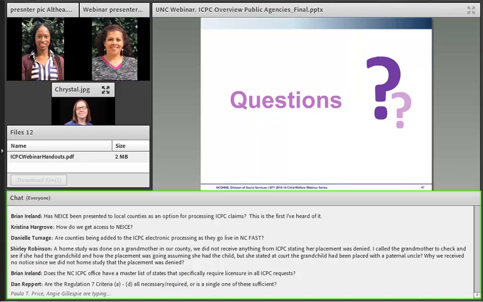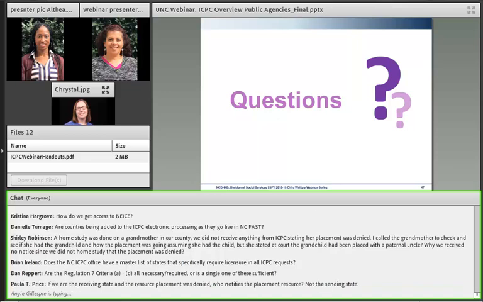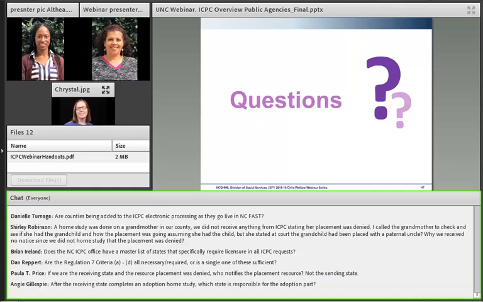So has NICE been presented to local counties as an option for processing ICPC claims? This is the first time I've heard of it. So I will explain this. ICPC is using NICE to communicate with other states. So it's not a platform for a county to communicate with our office.